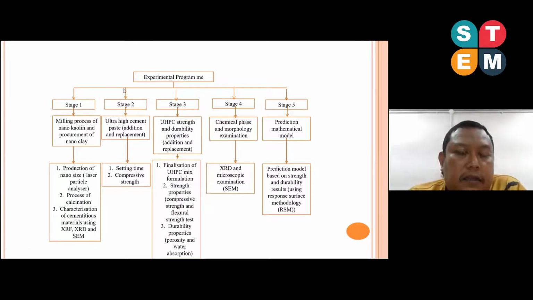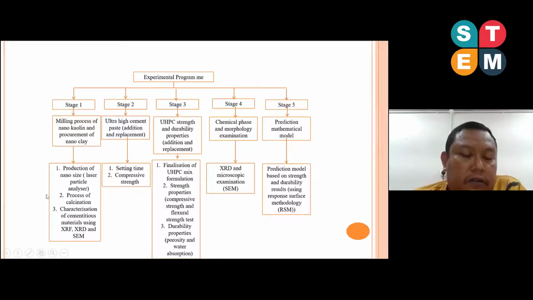Stage 1 is producing the nano material itself through ball milling, and stage 2 is studying the performance of the nano material in terms of addition and replacement methods, using setting time to determine the water demand and compressive strength to determine performance.